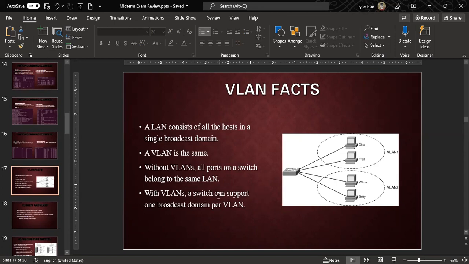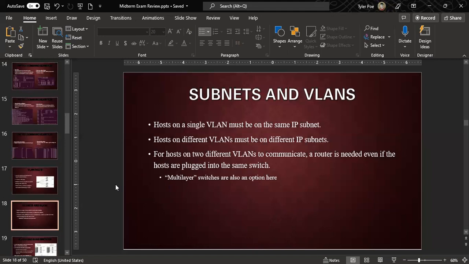But when you do, a switch can support one broadcast domain per VLAN, and basically each port on a switch can become its own VLAN in its own broadcast domain. But here we actually have multiple devices on the switch sharing the same VLAN. This can help improve performance because it limits how many devices receive a broadcast frame. It's also good for security and helps you name different LANs, if you will.